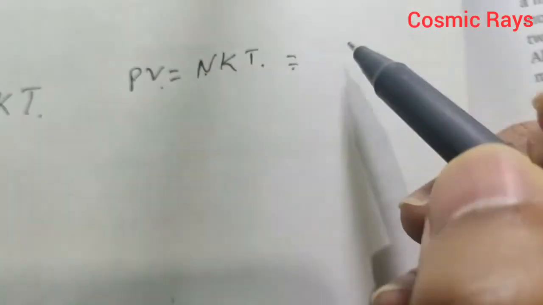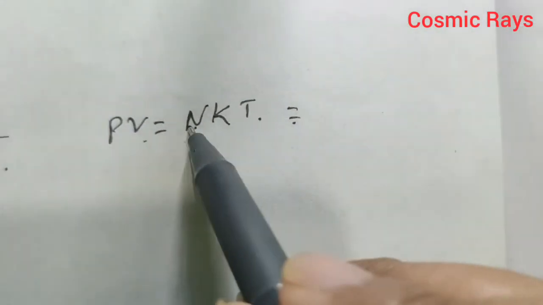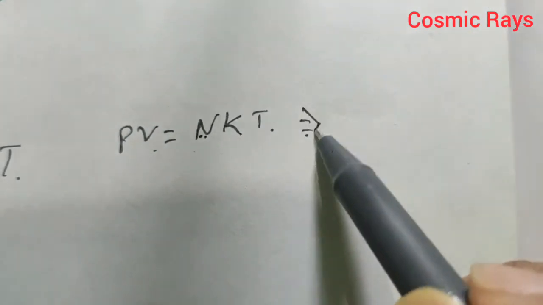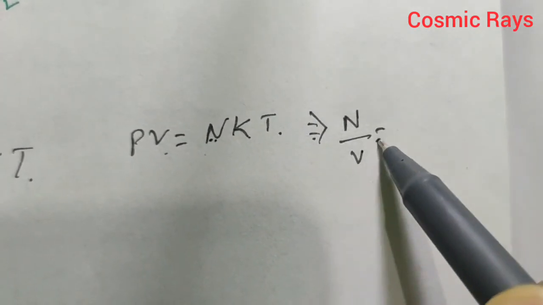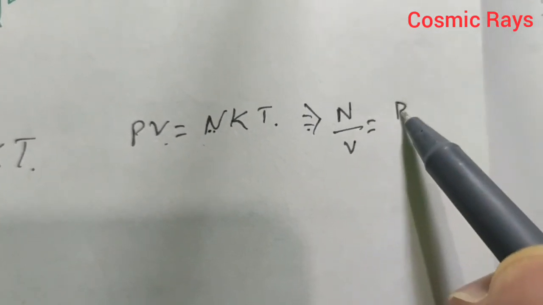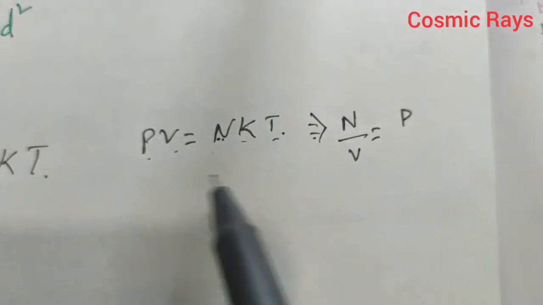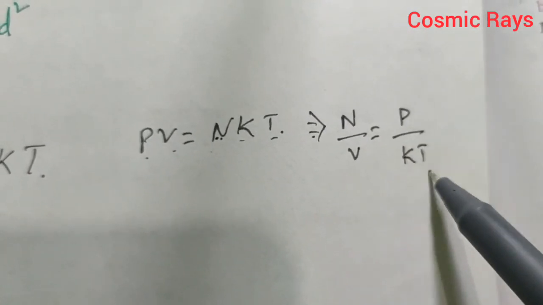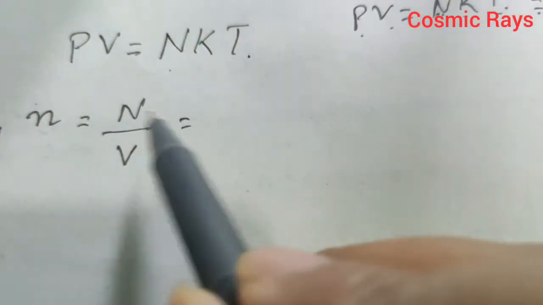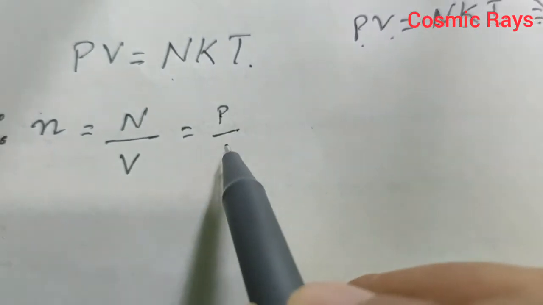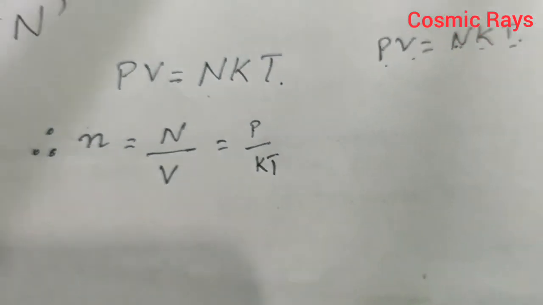N will be kept as it is and V is brought to this side. So N upon V is equal to P remains as it is and kT goes in the denominator. So N upon V is equal to P upon kT. So we have the value of n as P upon kT.